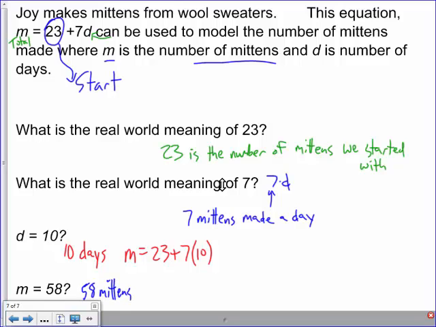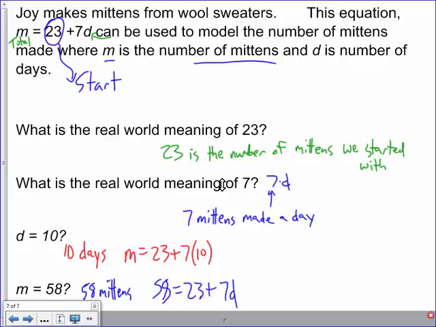And I could plug that in and solve for the days if I wanted to. I could say 58 equals 23 plus 7 times d, and I could solve for d to see how many days it would take to make 58 mittens, okay?